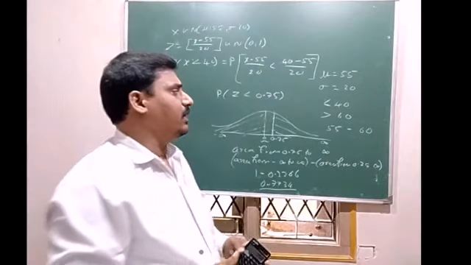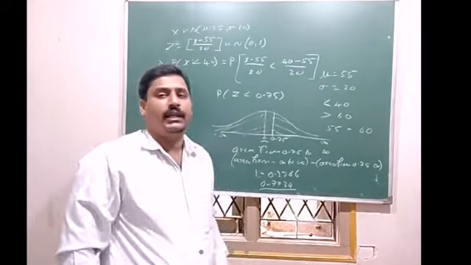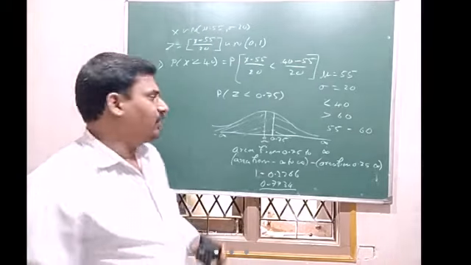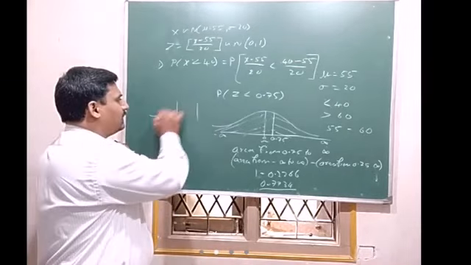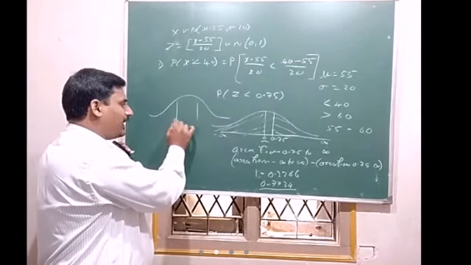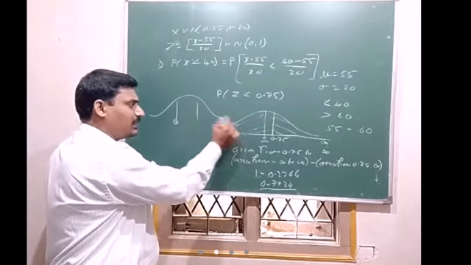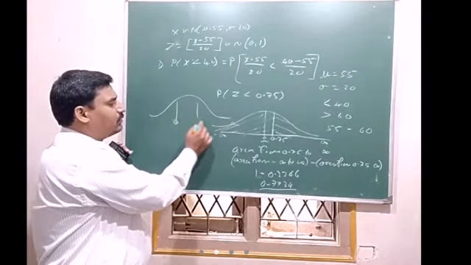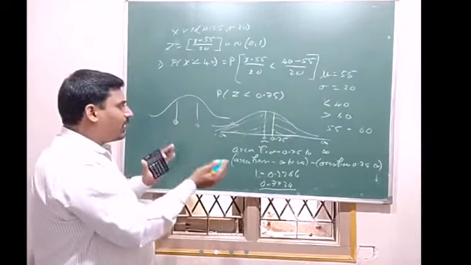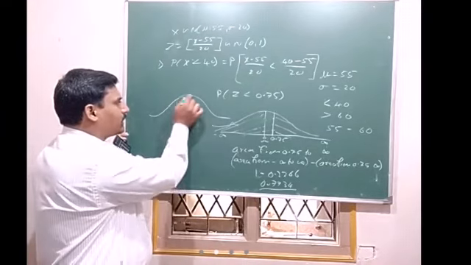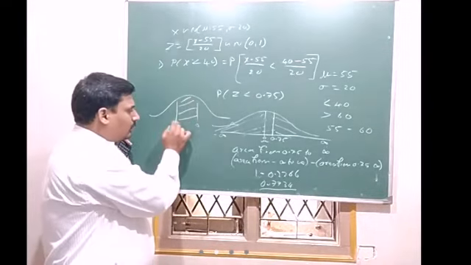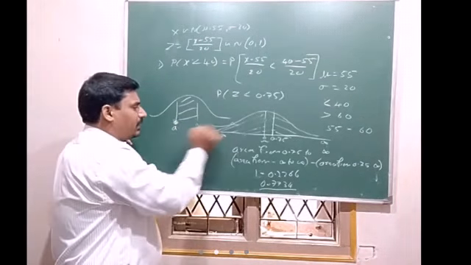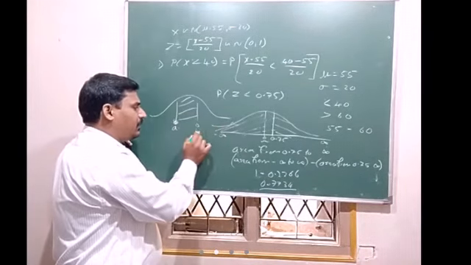And in between, that is 55 to 60. So 55 to 60 means in between, like this it will come. So we get a value from this point to plus infinity and this point to plus infinity. So we want the area between these 2 points: this point A to infinity and this point B to infinity.